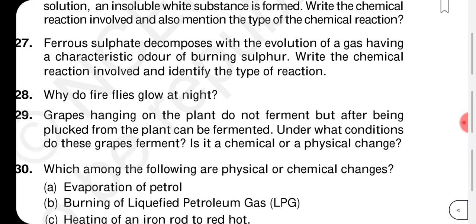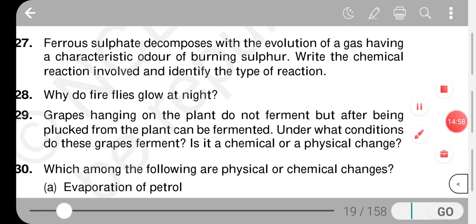Okay, so in this question when they are asking under what condition these grapes ferment, till the time they are attached to the plant they are getting nutrition, their immunity is quite strong, but the moment they are detached, when they are removed from the plant, what happens? They lose their immunity.